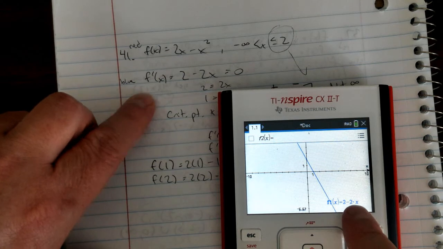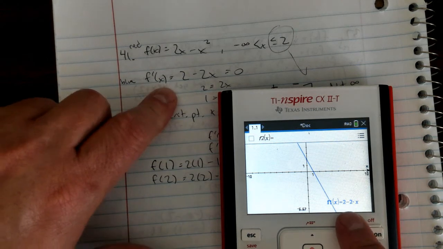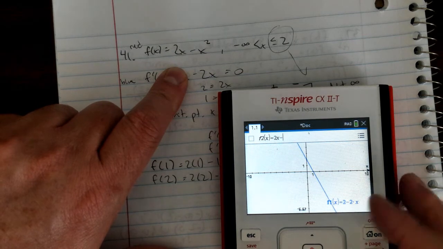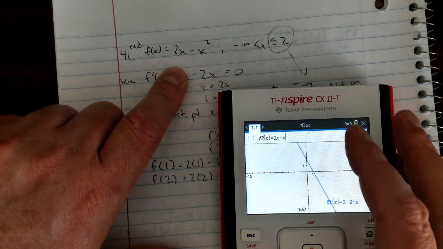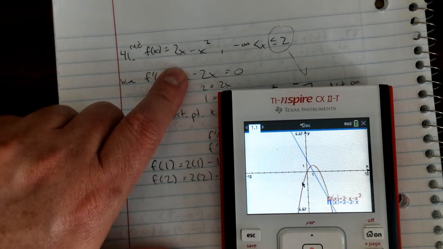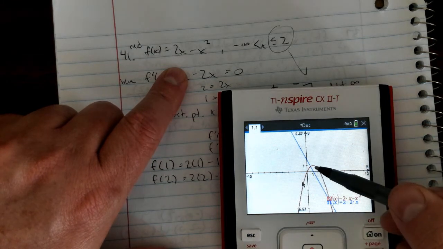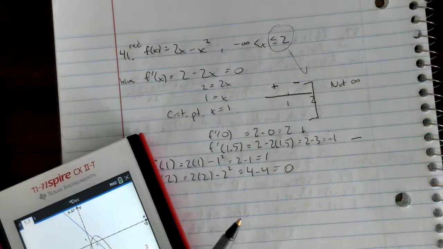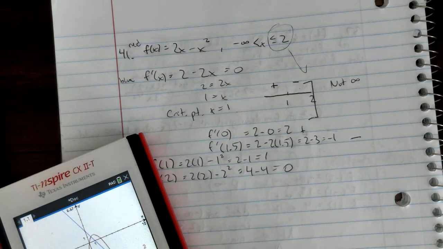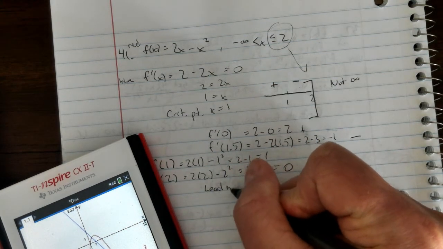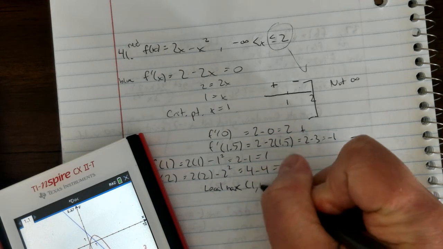So the blue graph was linear, and then the red graph would be quadratic. So it looks like that. So 1, 1 is a local max.